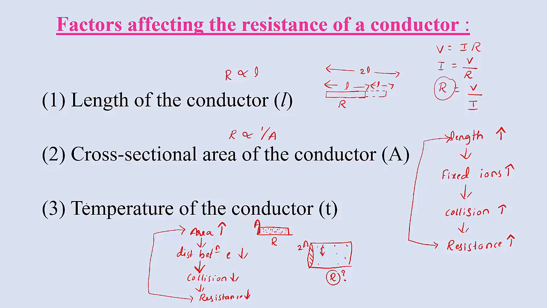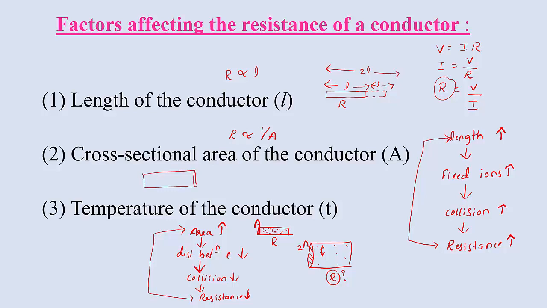The third factor is the temperature of the conductor. How do the resistance and temperature of a conductor vary? See here, when the temperature of the conductor increases, the molecules or the electrons present in that metal will be more energetic.